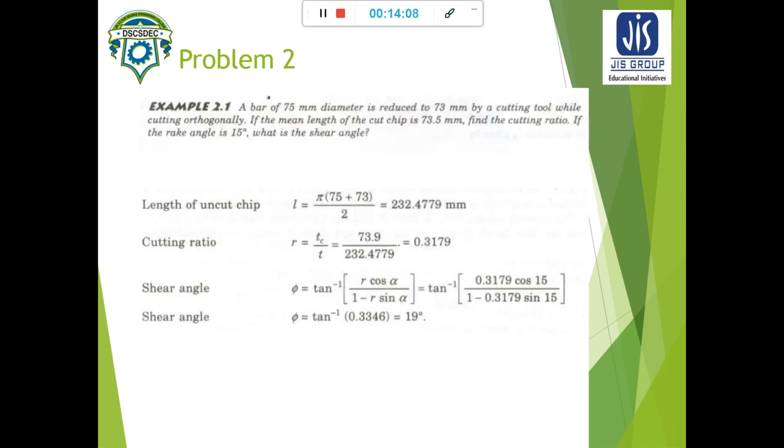Now let's see another problem. So here the problem statement is a bar of 75 mm diameter is reduced to 73 mm by a cutting tool while cutting orthogonally.